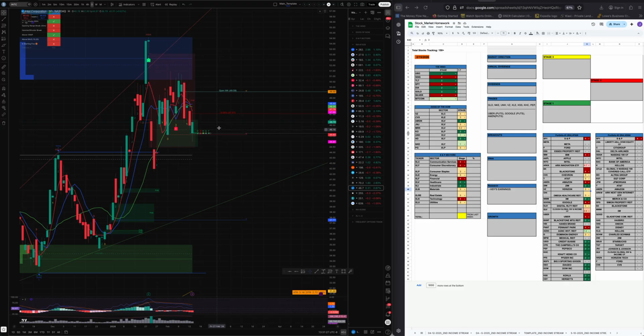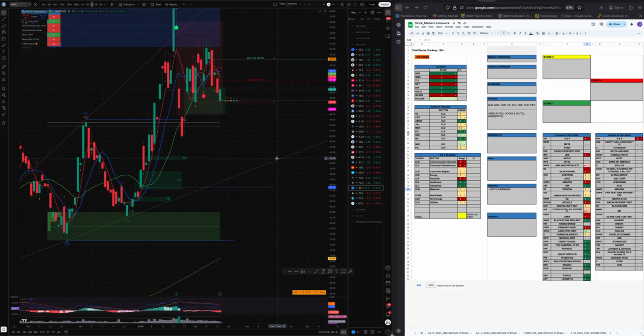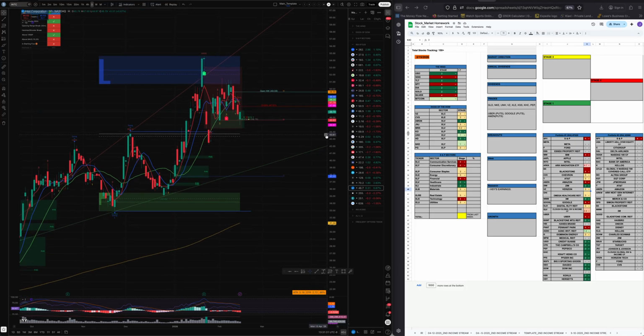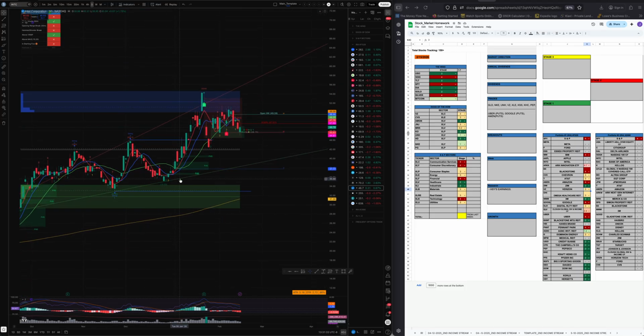Was a still higher trend. So let me see. Higher high, higher low, higher high, higher low. I'll pass on Intel, but it's a 4-1.